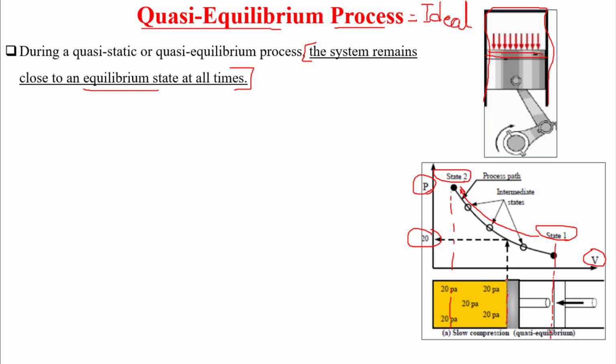So along the piston the pressure is the same. Going back to the sentence: the system remains close to equilibrium state at all times. So if the piston moves a little bit up to here, we expect that the pressure along the piston will be the same, for example 40, because pressure increased while volume decreased.